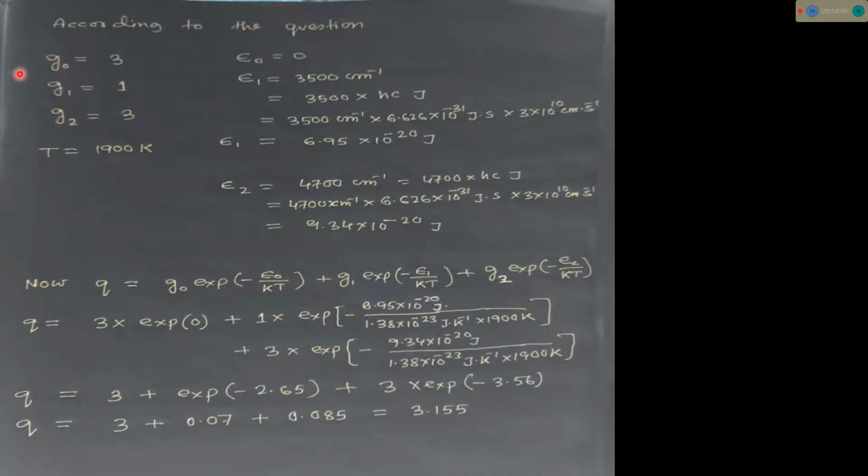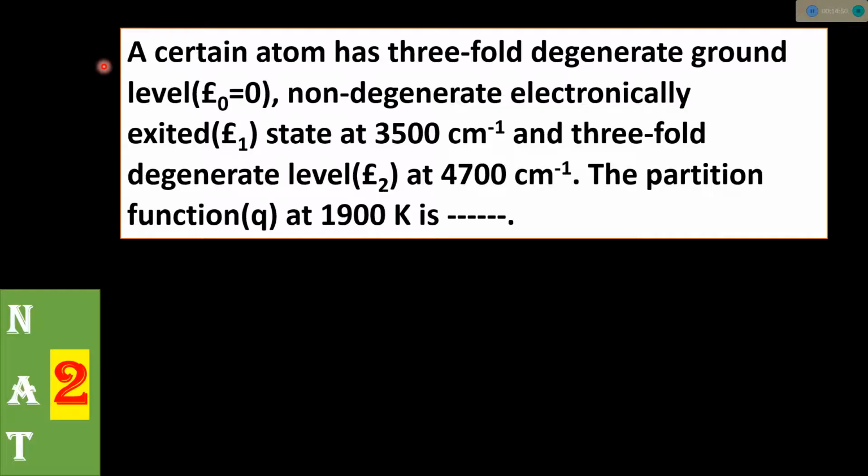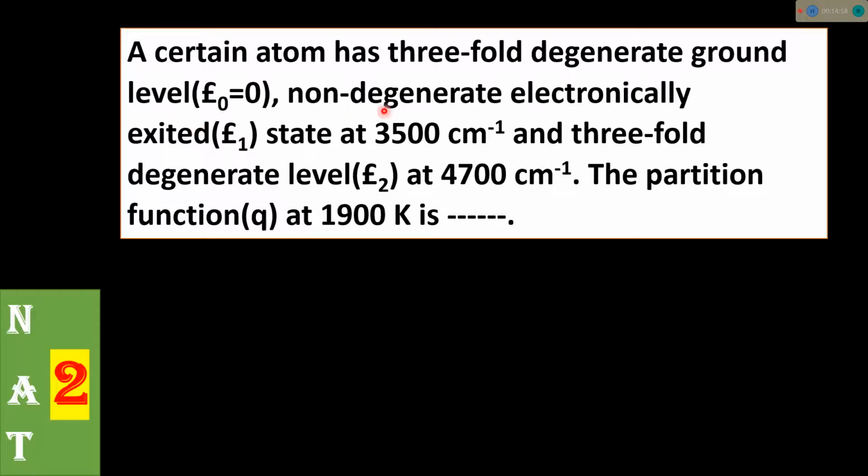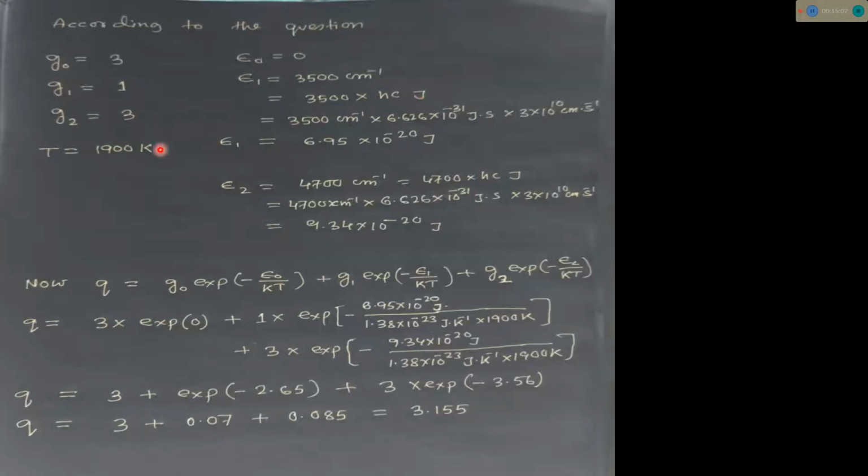According to the question, G0 means the ground state. The question says the ground state is threefold degenerate and the energy value is 0. Second, a non-degenerate electronically excited state at 3500 centimeter inverse. Non-degenerate means degeneracy is 1, so G1 is equal to 1 and the energy value is 3500 centimeter inverse.